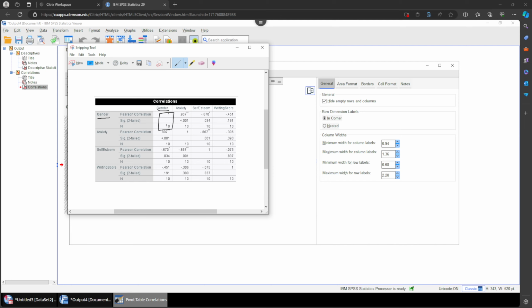And this really isn't helpful. It doesn't tell us much. It's always going to be the case that every variable is always positively correlated with itself. We see the same thing with anxiety and anxiety, self-esteem and self-esteem, and writing score with writing score.